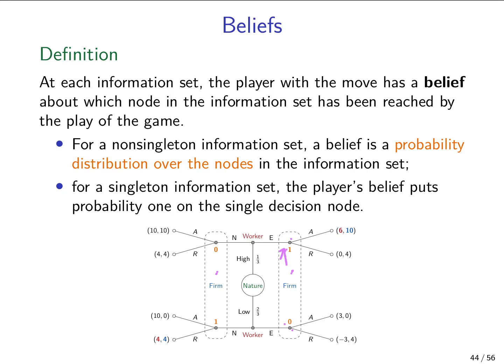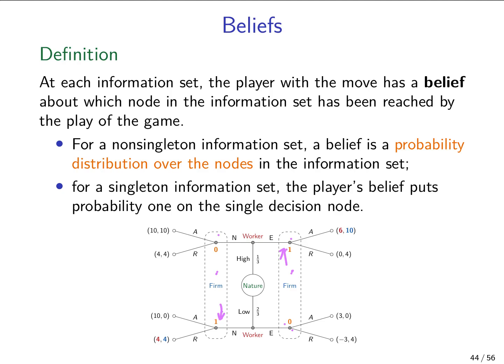And if it's here, the firm would say, okay, I don't know which node I am in, here or here. But if I observe N, I'm going to believe that I'm here with probability 1. Right? It doesn't have to be 0, 1.